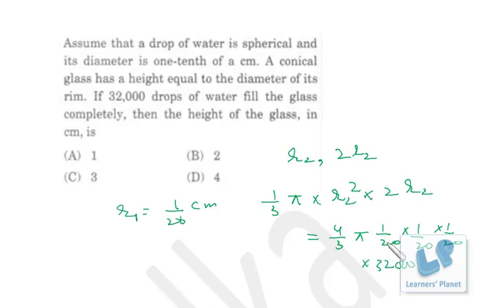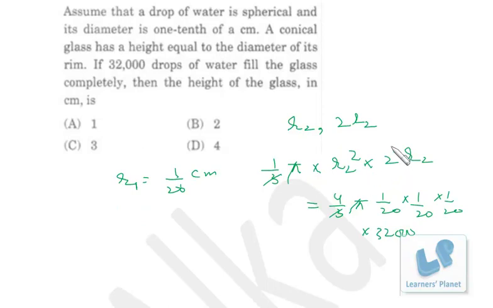Now we have to solve this equation and get the value of r2, right? So pi and pi are cancelled, 3 and 3 are cancelled, and here I take this 2 and this 2. So r2 cube, listen to me carefully, here it is r2 cube, and here 32,000 is in the numerator and this is in the denominator.